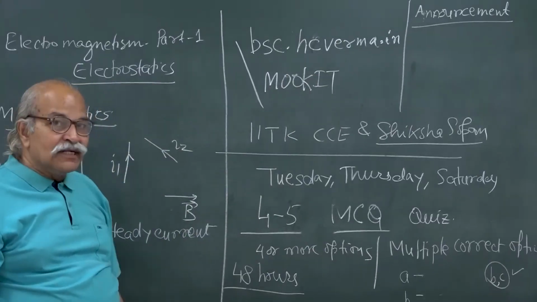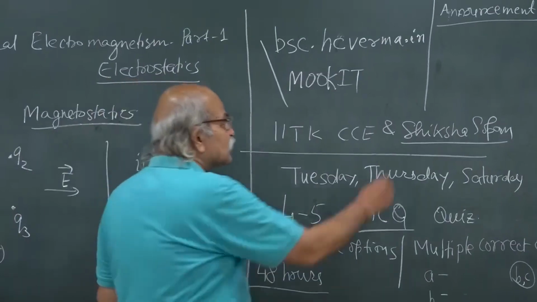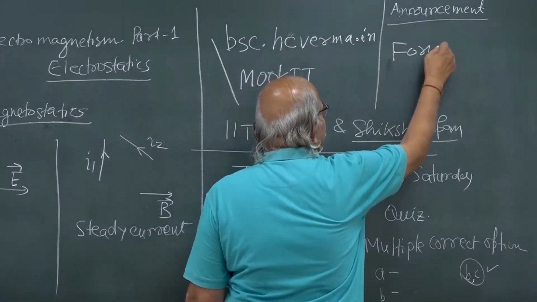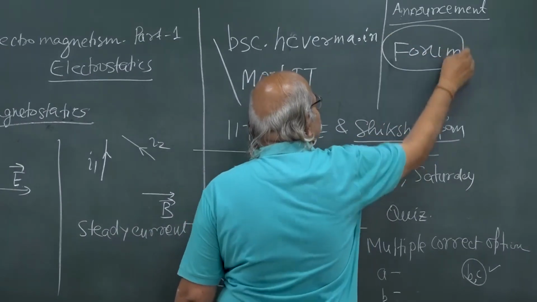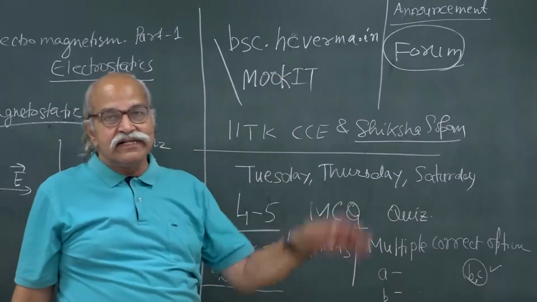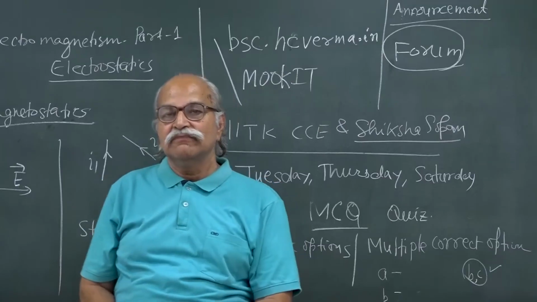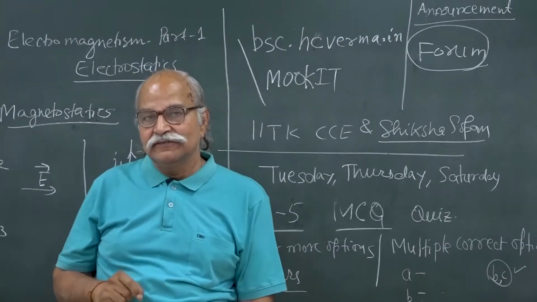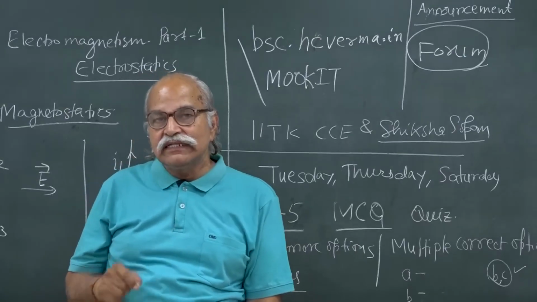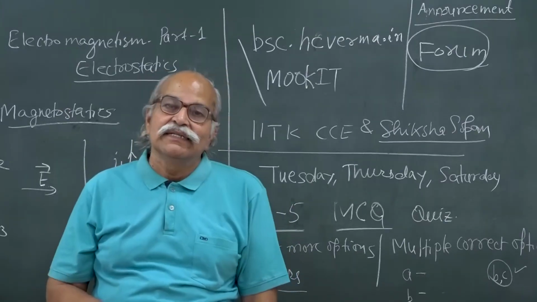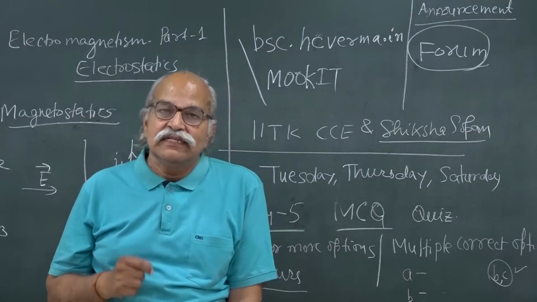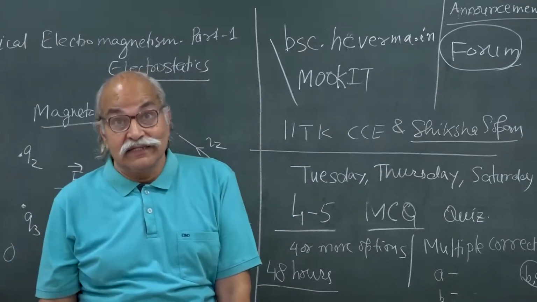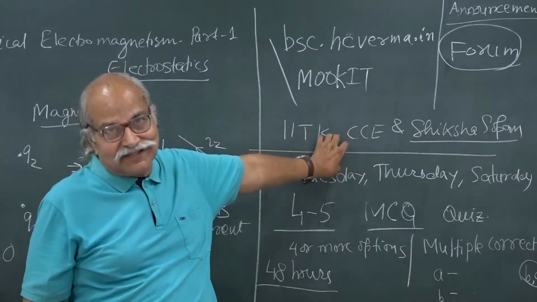Now, the most important part is a discussion board, which we call forum. This is another facility in this MOOCit platform, that you can ask any question, or you can discuss with your peers, discuss with instructors, anything that you want to discuss on the course, about the course.